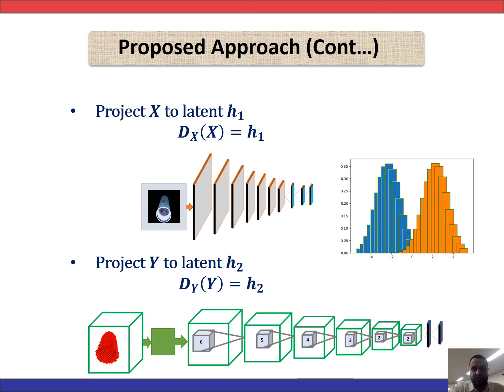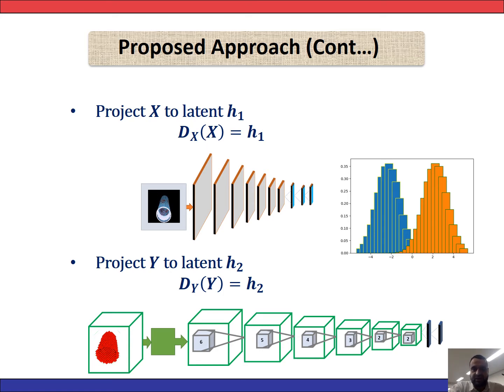Actually, we are using a generative adversarial network style architecture for this 2D to 3D transformation, which has two parts. One is the generator part that I discussed in the previous slide, and the second one is the discriminator part. We utilize this discriminator part also to join the two distributions from the 2D and 3D objects.